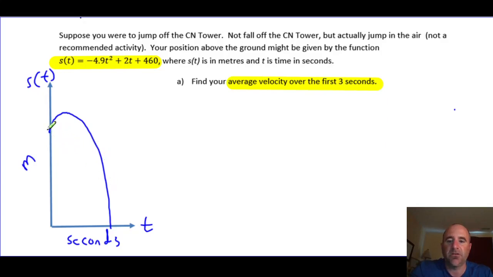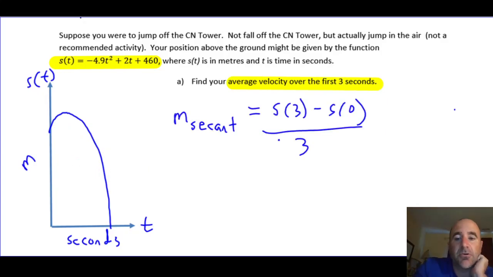To do that, we figure out your position at s of 3 seconds, subtract s of 0 seconds, and divide by 3, the run.